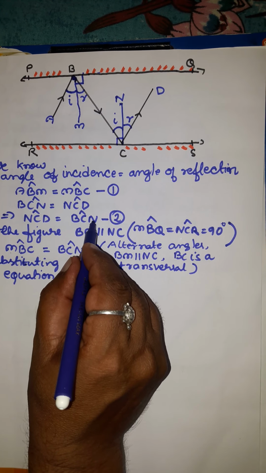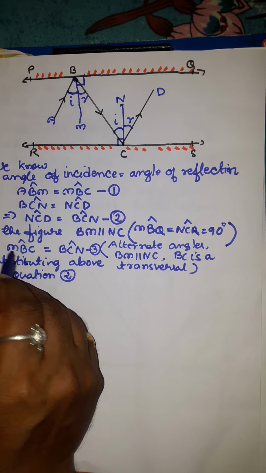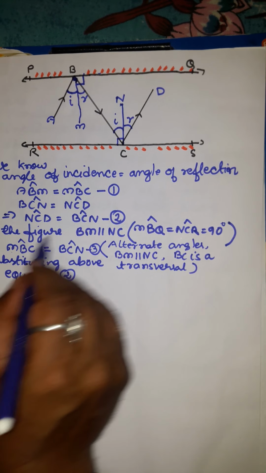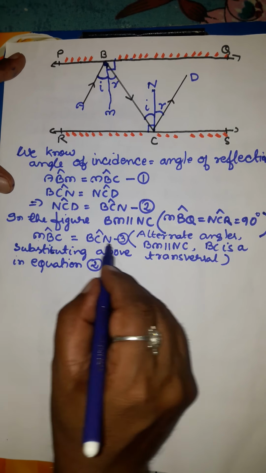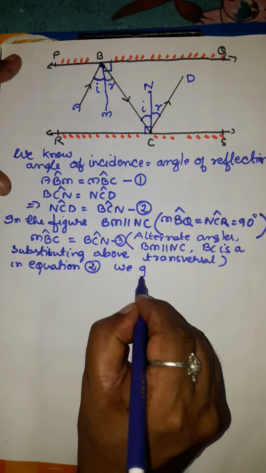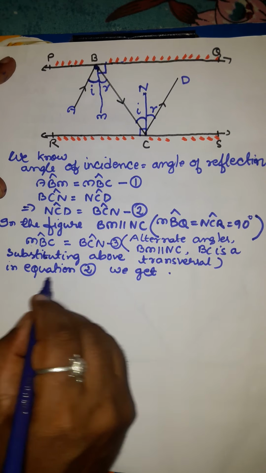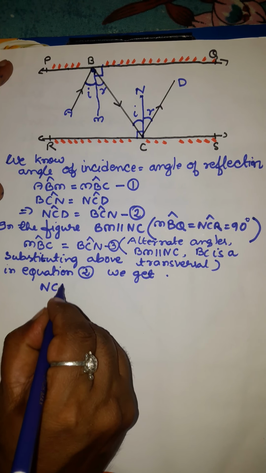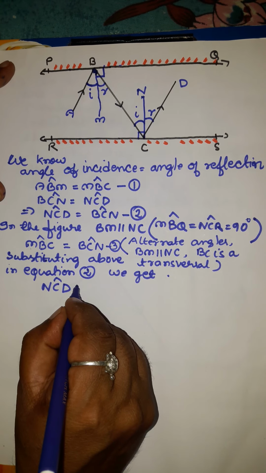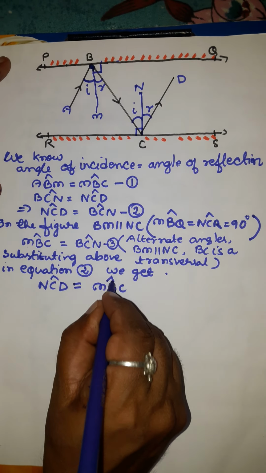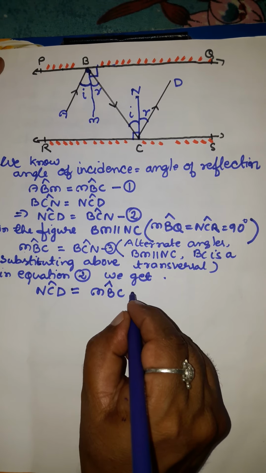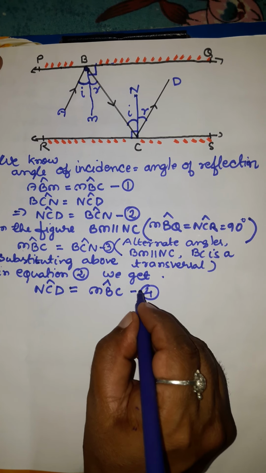In the place of BCN, I will write MBC. So substituting BCN by MBC, we get angle NCD is equal to angle MBC. I will call this equation 4.